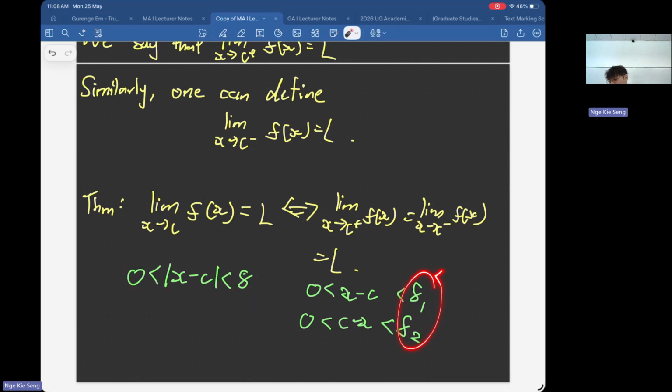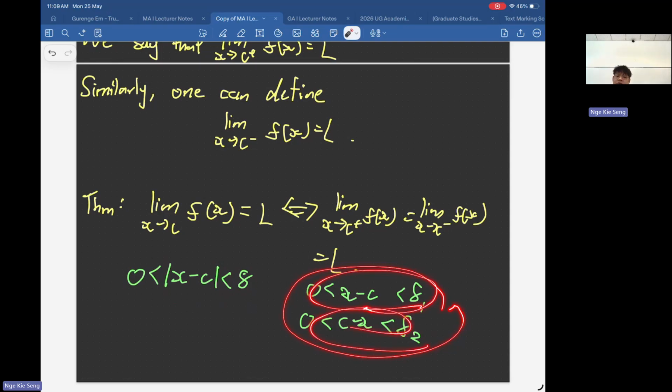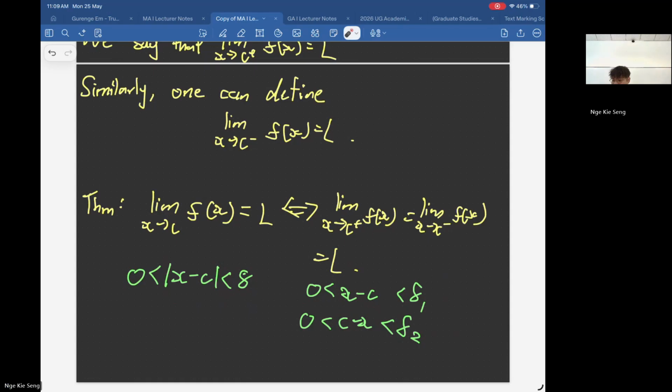So this will definitely work for x minus c and c minus x, because of the absolute value. But on the other side, if you have convergence for delta 1, and convergence for delta 2, how do you make the convergence for the original f? How small do you need to make it so that left and right are both bounded by delta?